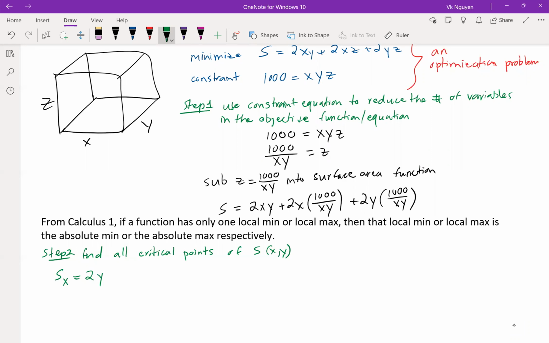I should have simplified this, make my life easier. 2xy plus 2000 over y plus 2000 over x. Okay, so 2y minus 2000 over x squared.